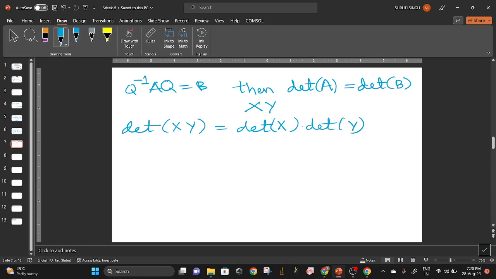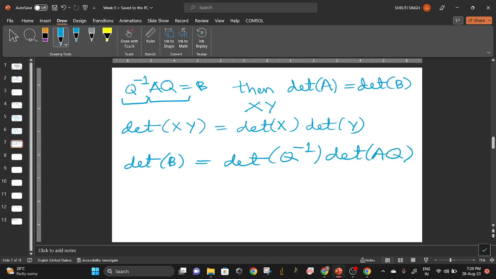So determinant of B is equal to determinant of Q inverse times determinant of AQ.